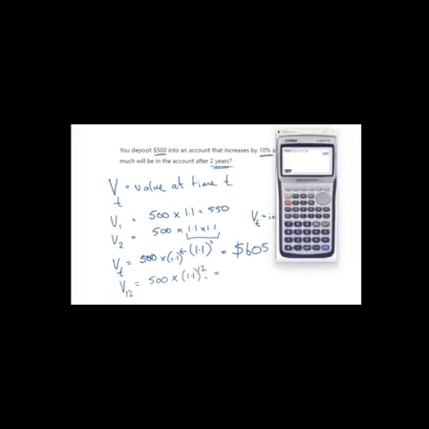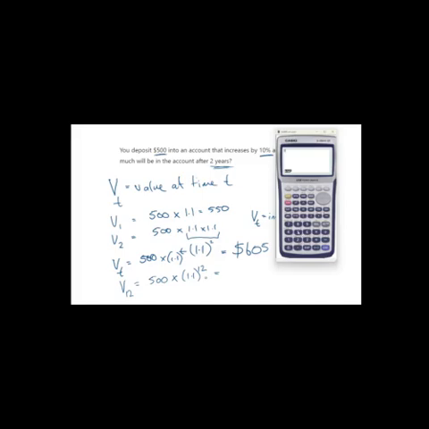Let's have a look. What would it be after 12 years? Well, it's going to be $500 times 1.1 to the power of 12. And it's going to be interesting to see how much it is.